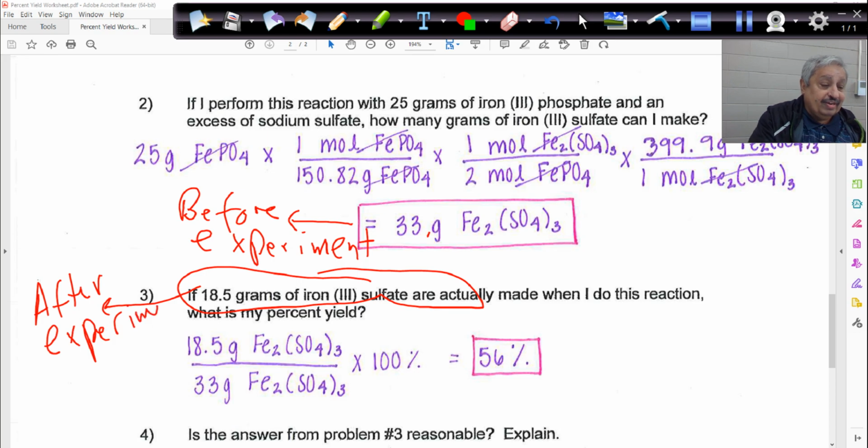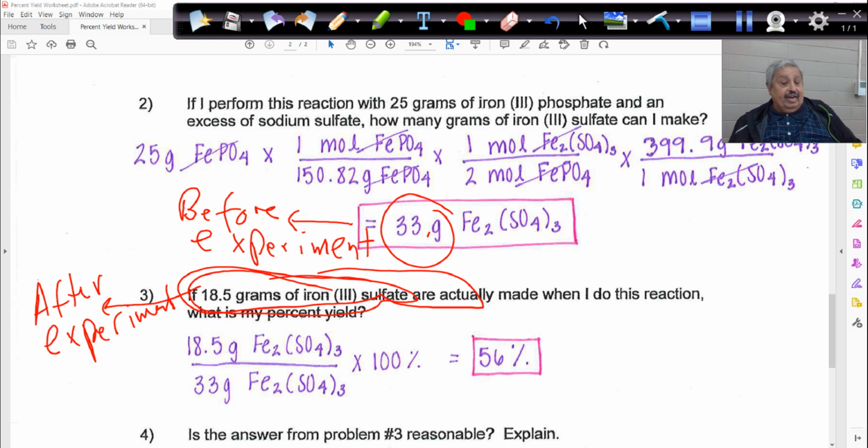You will never, ever get to the point that you get 33 grams. Never. That would mean your yield is 100%. That's not really true. So always your yield will be less, because there are always errors. 18.5 grams, that's the actual yield after the experiment.